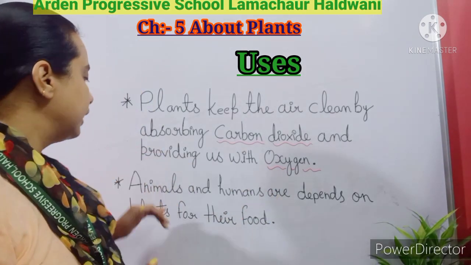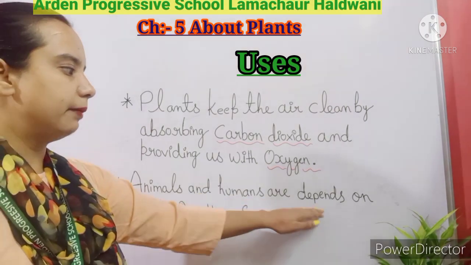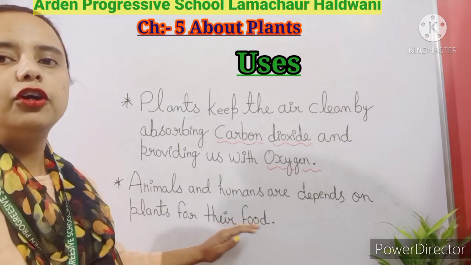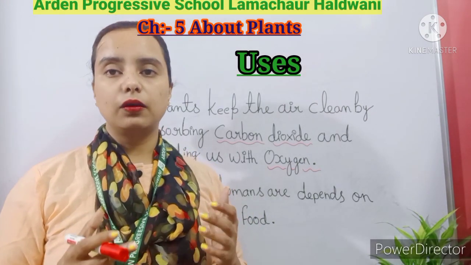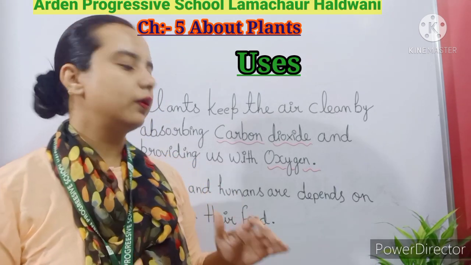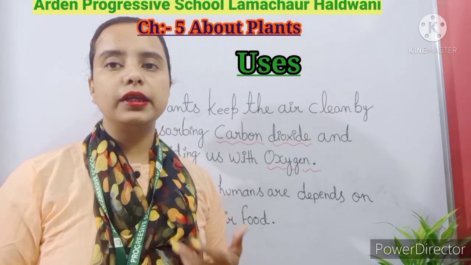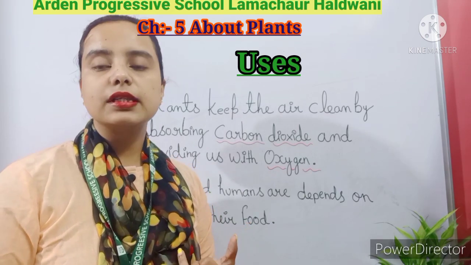Next, animals and humans depend on plants for their food. The animals and human beings, we all are dependent on plants for our food. We are eating vegetables, we are eating fruits.